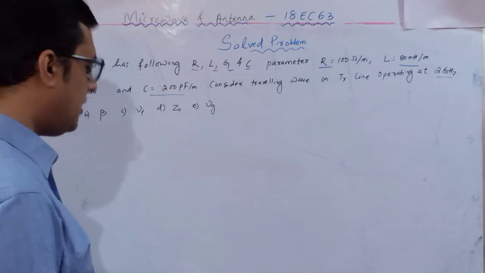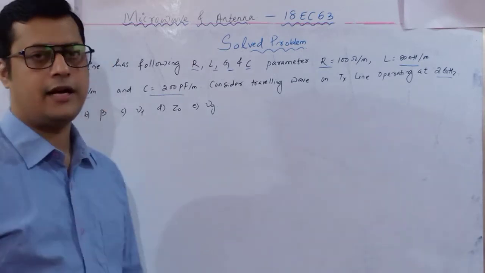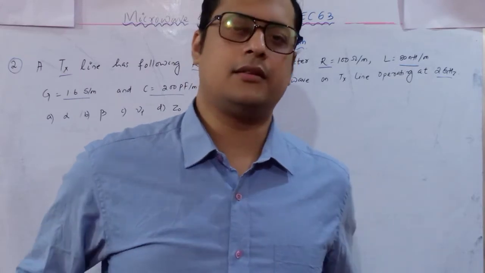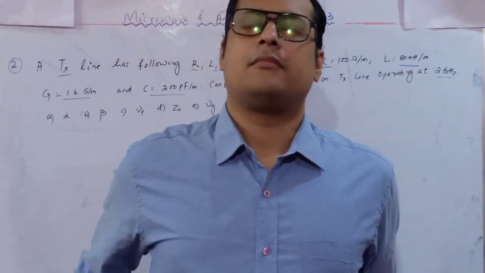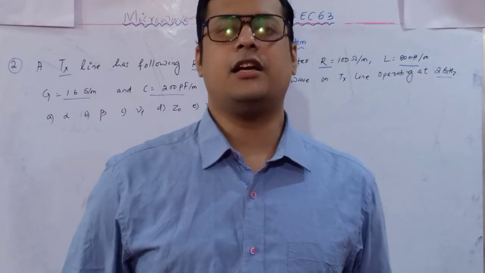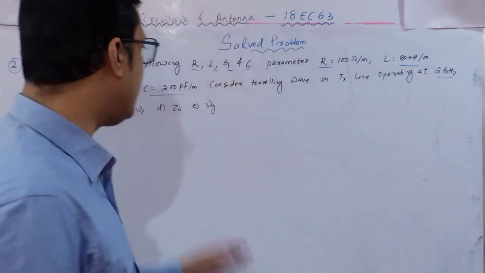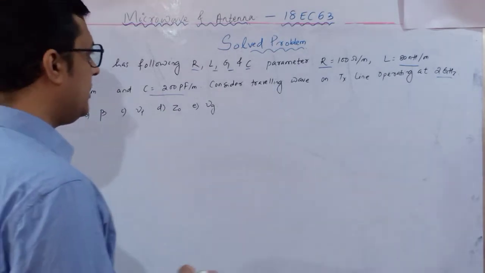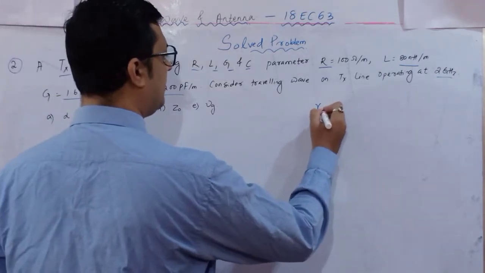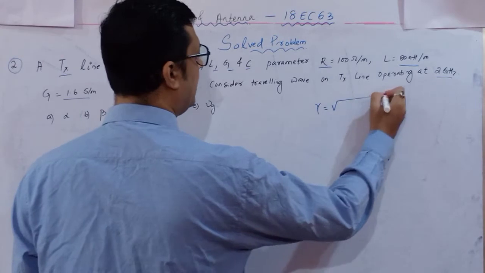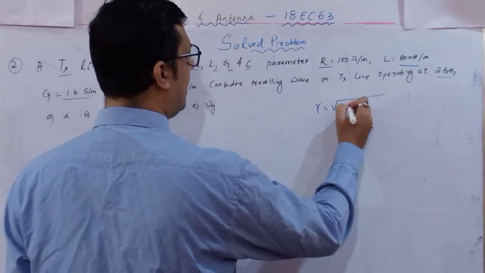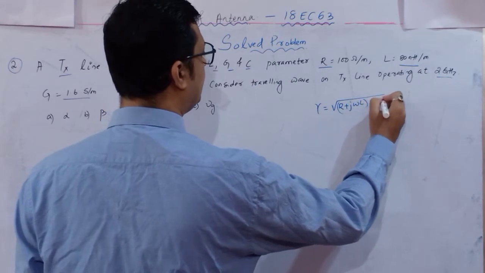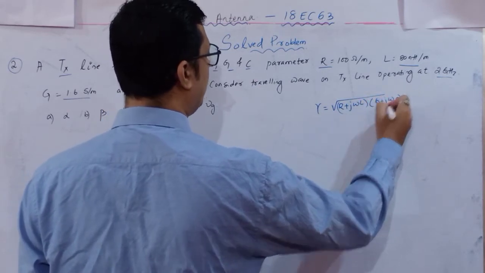Okay. Now, one by one we will identify how to determine this propagation constant, and with the help of that propagation constant, how we can determine alpha and beta. So the simple relation is, first we will identify the relations. It is gamma equal to square root of (R plus j omega L) times (G plus j omega C).